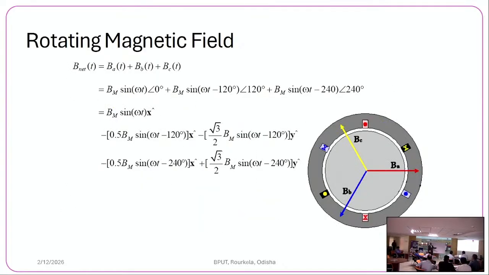All three currents follow sin theta. For maximum, theta is 90 degrees. The others will be theta minus 120 and theta plus 120, so it will be minus Im by 2 and minus Im by 2.